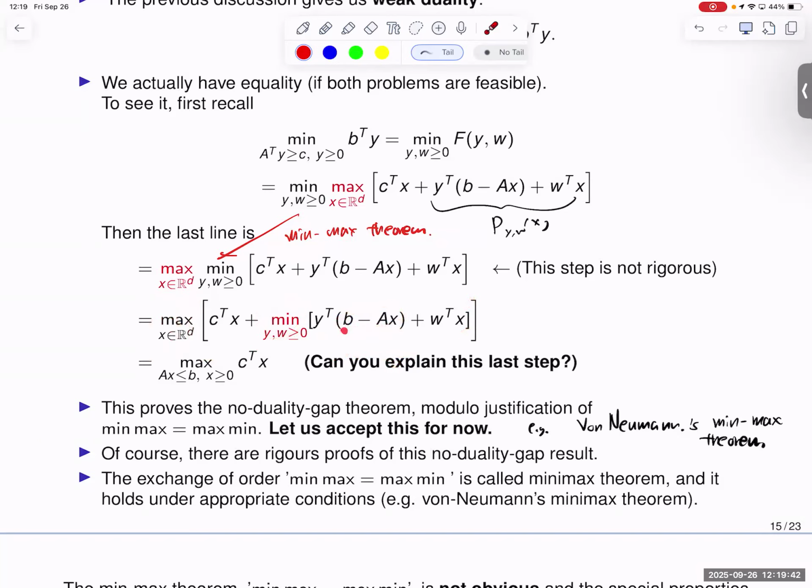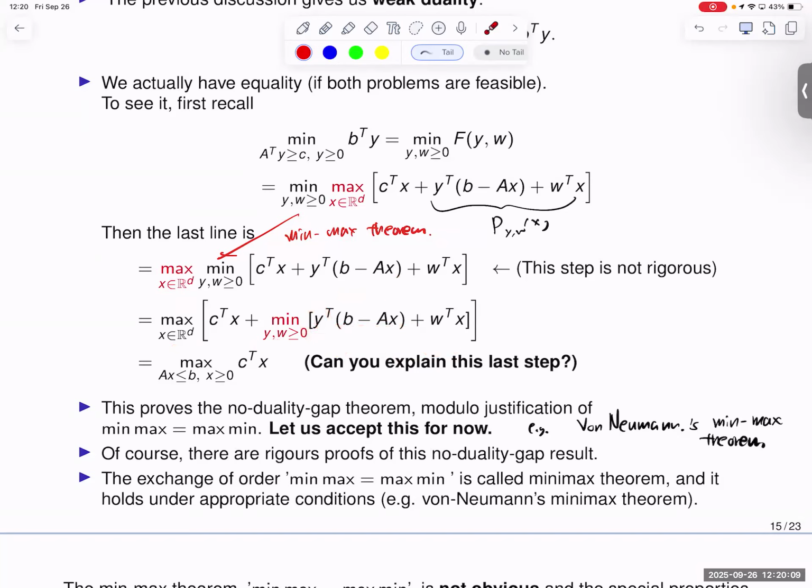If your x does not satisfy this non-negativity, if some component is strictly less than 0, then your y for the corresponding component can be infinity, and you will get negative infinity. So it does not give us a maximum solution, and you can ignore such a case.